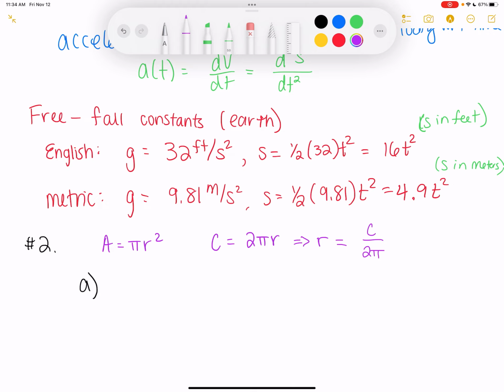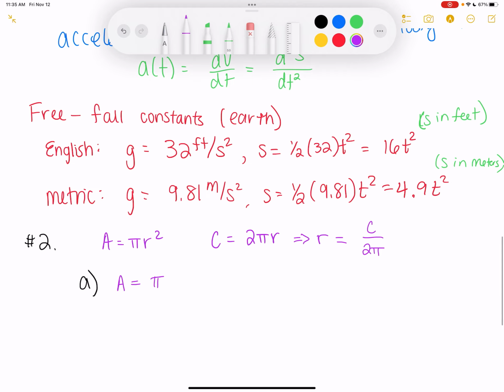So when part A says to write the area of a circle as a function of the circumference, I would have area is equal to pi times, replacing r with c over 2 pi, and square it.